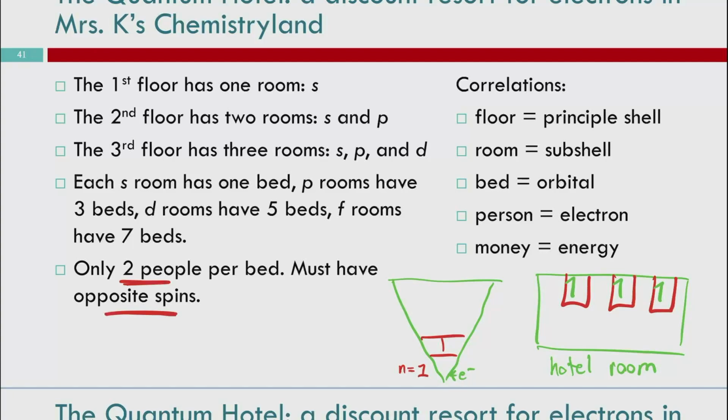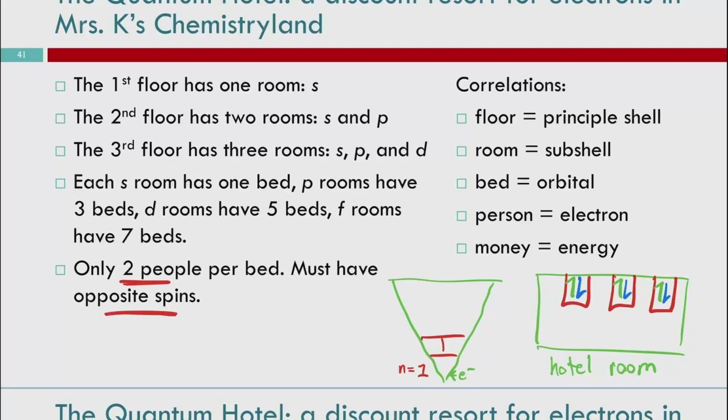If we have extra people in our hotel room, unfortunately we can't call down to the first floor and say, hey, do you have a carry-away bed or something that we can get somebody in here? They're just going to have to pick one of these beds, and for whatever reason, these people are very insecure about sleeping in a bed with another person, so they're going to sleep head to foot.